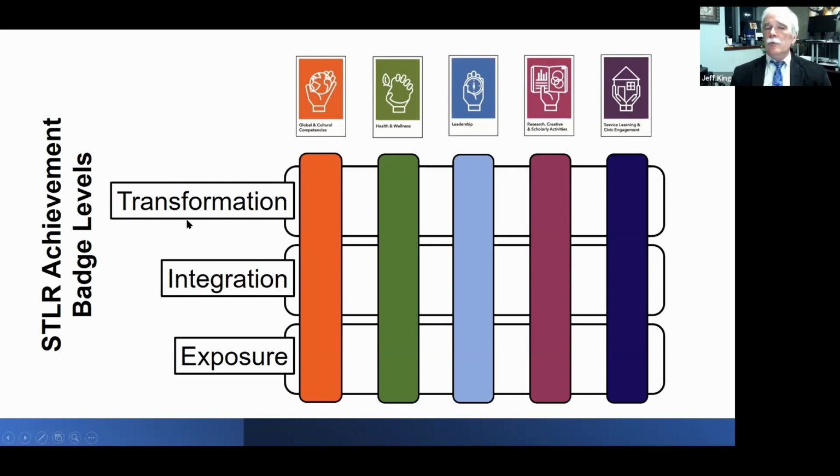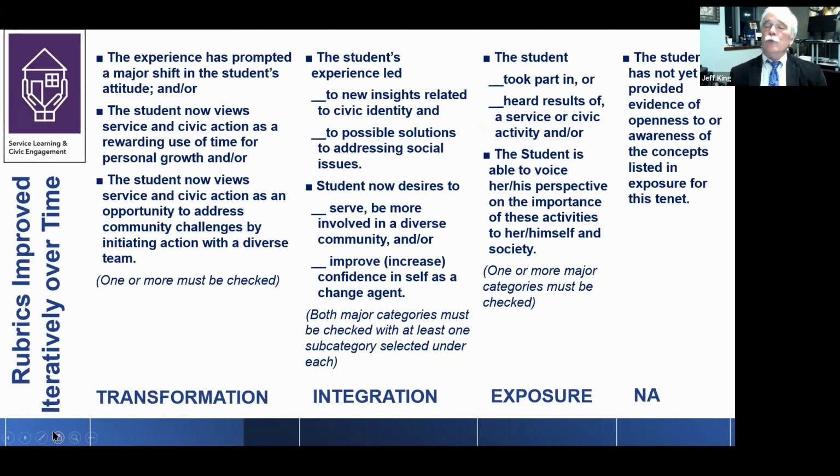And the student who reached transformation is demonstrating that that top level of a transformative, expanded understanding is what the student has achieved. We have rubrics that faculty are trained in.